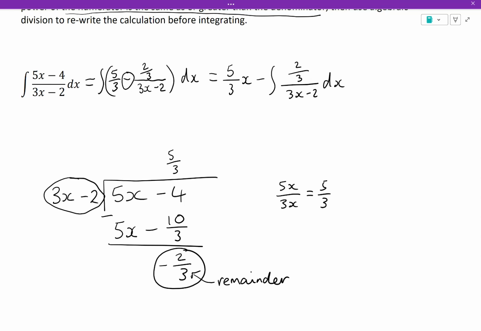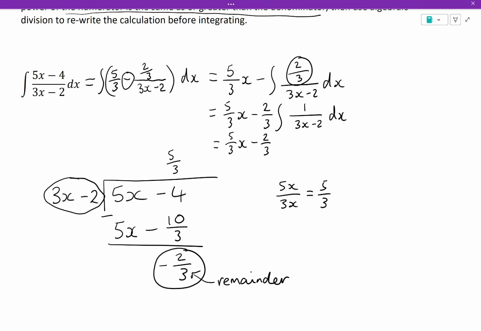Now, just to make life easier, this numerator looks a bit complicated, so I'm going to factor that out. So we've got 5/3 of x, subtract, and then we'd have 2/3, and then the integral of 1 over 3x take 2, which looks a bit nicer. So now we've got another fraction to integrate, so we're going to have to go through our possible methods. Hopefully, you may be getting a bit quicker at spotting which method you're going to do.